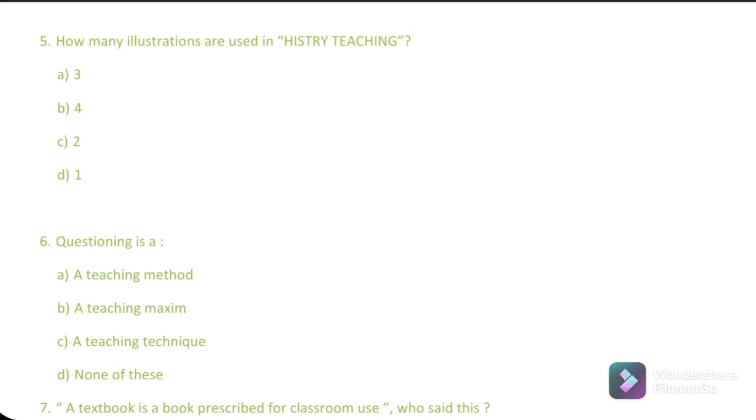In oral illustration, we present an example in a verbal form, while in visual illustration we present things with an object, like the things which can be touched by the students, like pictures and diagrams or model, chart, globe, etc.